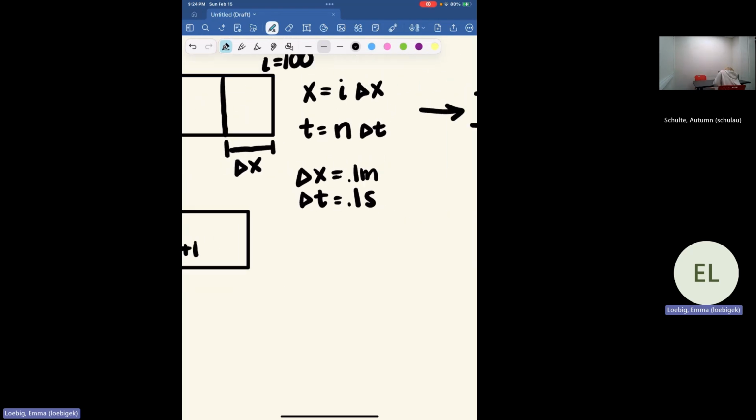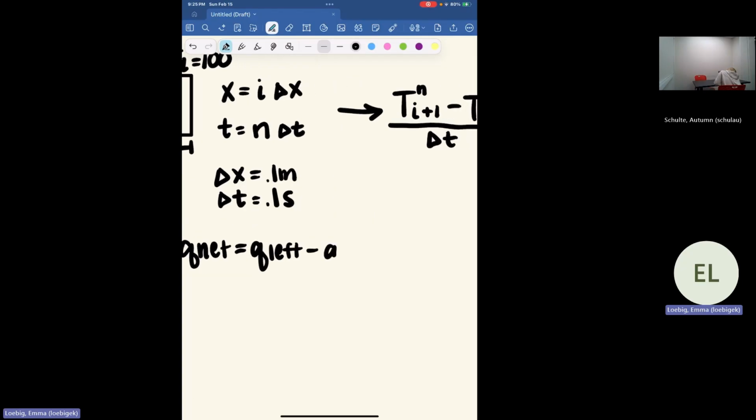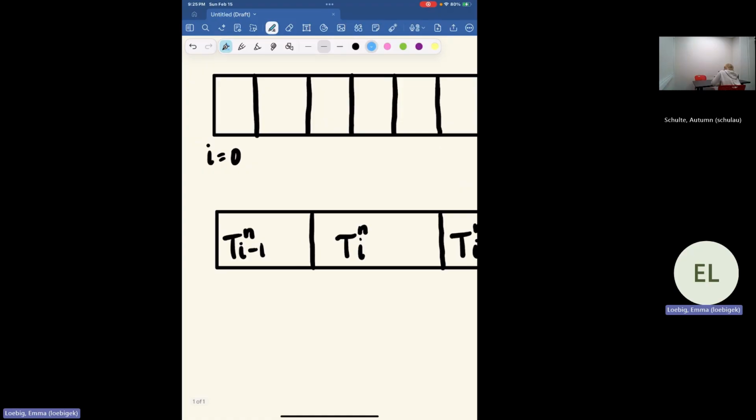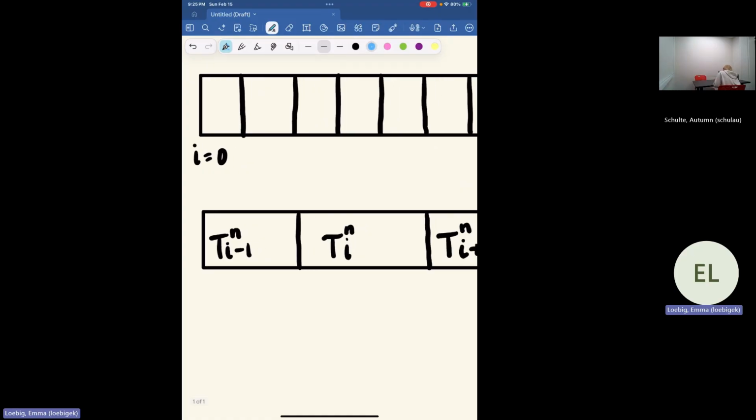Now, we know from before we had this net heat flow equation that was the heat coming in from the left minus the heat leaving on the right. So for Q left, we can take the difference in these two temperatures and divide by this change in position, delta x.